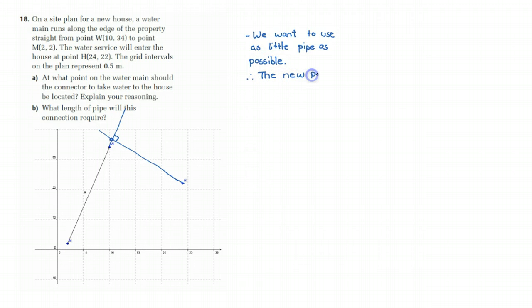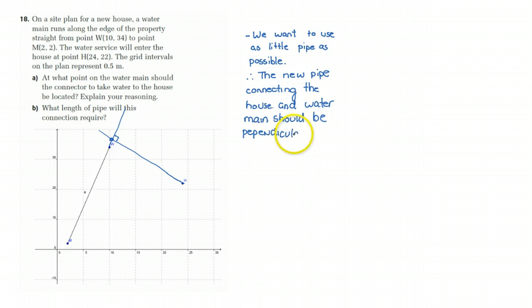Therefore, the new pipe connecting the house and water main should be perpendicular to the water main.